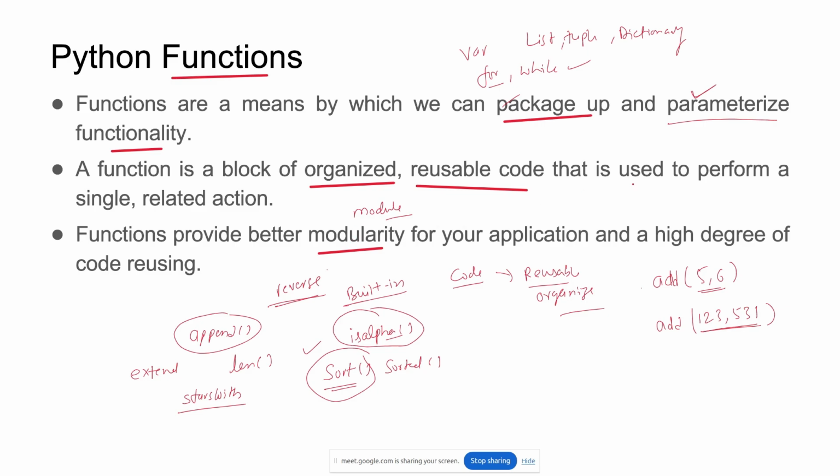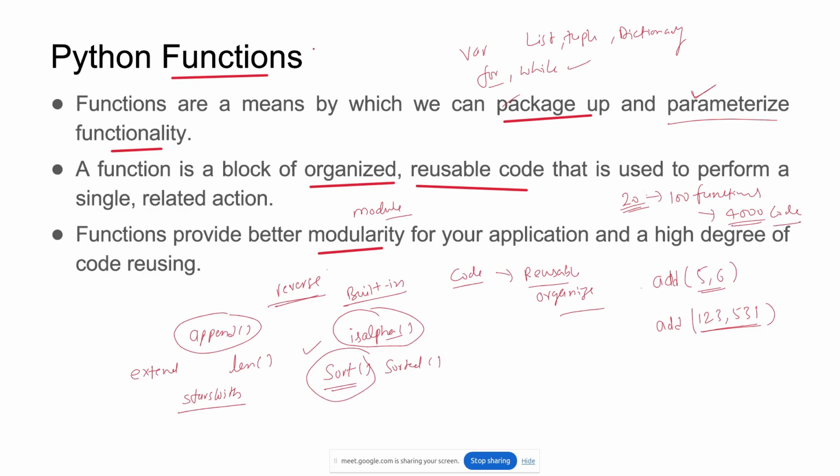Suppose you are developing a very big application which has 20 functionalities. Those functionalities may have hundreds of functions, and it has approximately 4,000 lines of code. So we need to organize it properly.